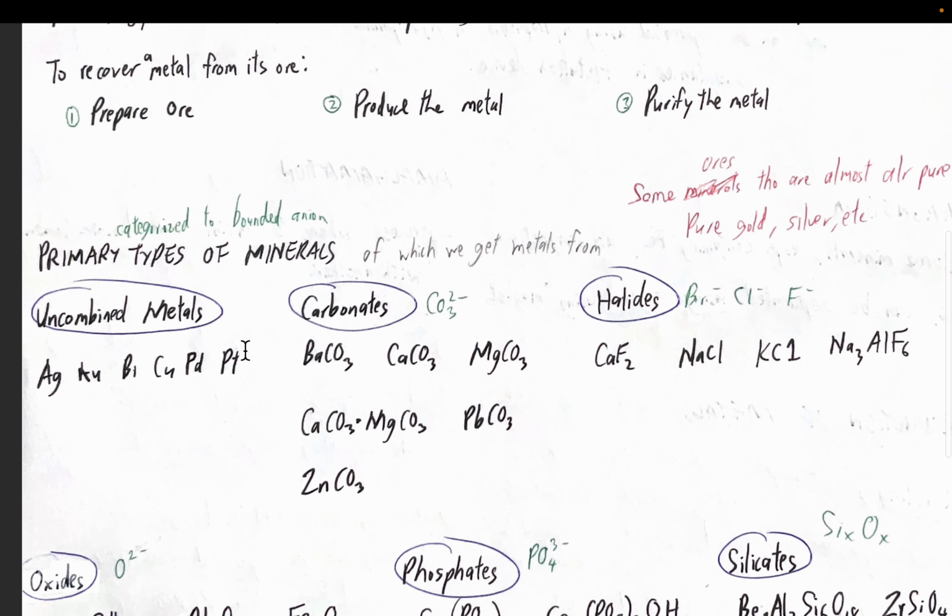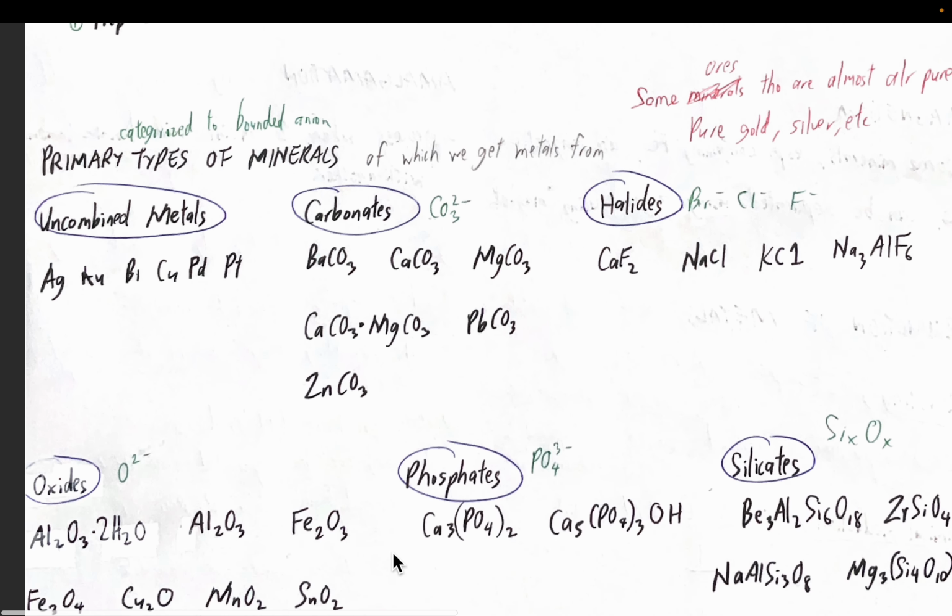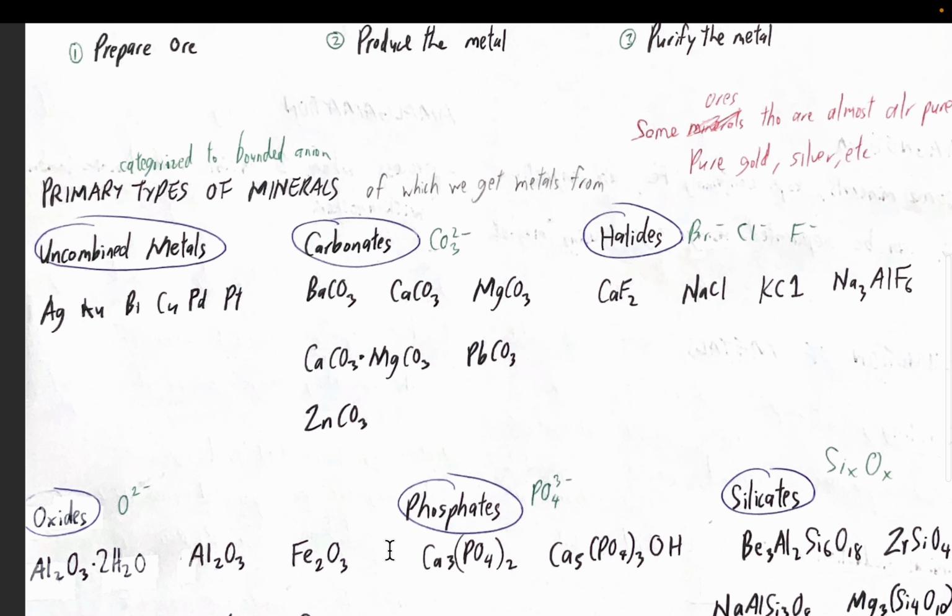So these primary types, the types that I've mentioned, are categorized according to bounded anion. So it has something to do with the one that's written in green. So halides combine, usually with bromine, chlorine, fluorine. So they're all negative.